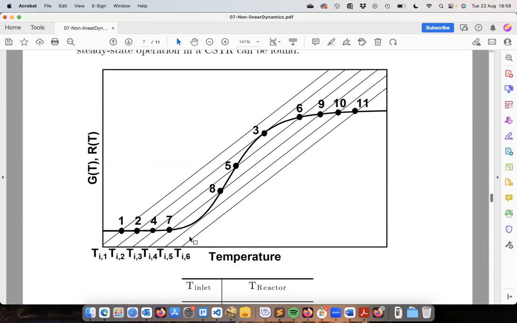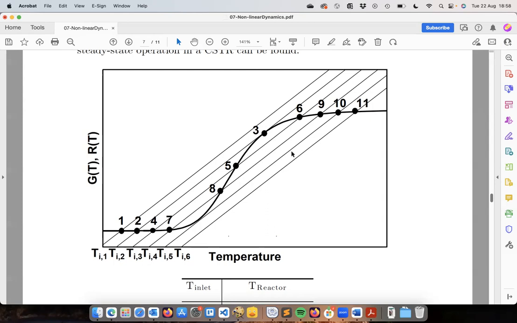So we started here, the reactor temperature tended to rise, and so it's moved off to the right here. And we can see at some point here, the difference is even greater. So it's not just that G is larger, the amount of heat being given off is larger, and it's growing, it's getting even larger. So by here, we have the maximum difference.